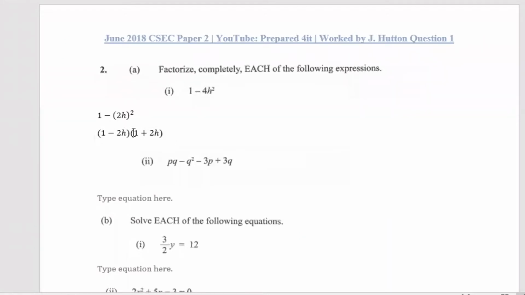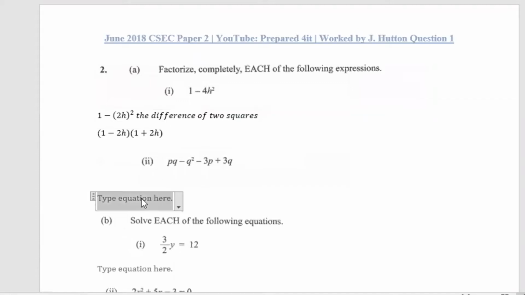So we change the 4 to a squared number as well, and we have the 2h squared, and it just works out to having each term, which is the 1 and the 2h, in 2 separate brackets. One has a subtraction sign, one has an addition sign, and this is your final answer.